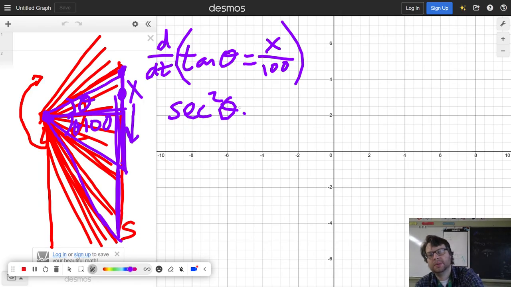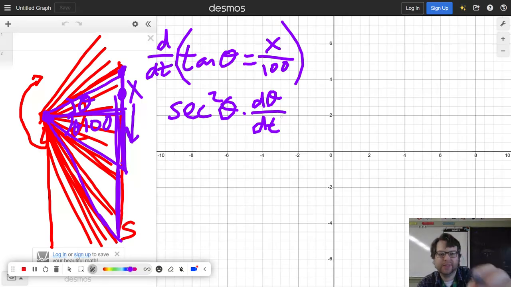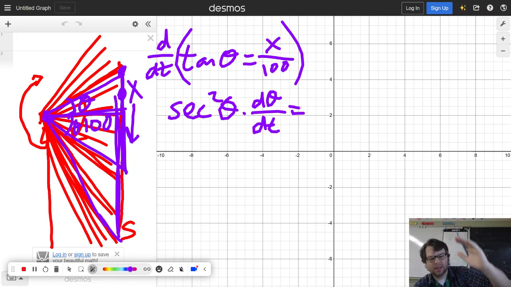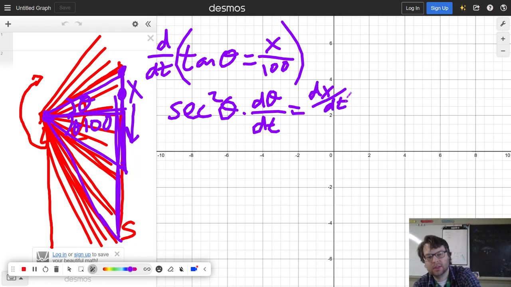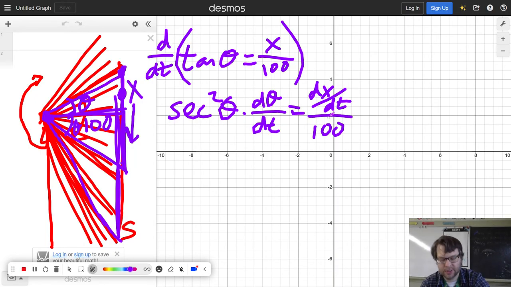So I'm taking the derivative with respect to t, so I use the chain rule. I multiply by d theta over dt. Then I get to x. Again, x is not just an independent variable. It's some function. It's sliding down that shoreline. I don't know exactly what that function is, but I do know that if I take its derivative with respect to time, I get dx dt. Because 100 is just a constant, it just sits right there.